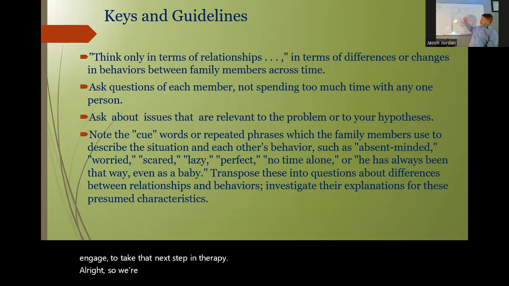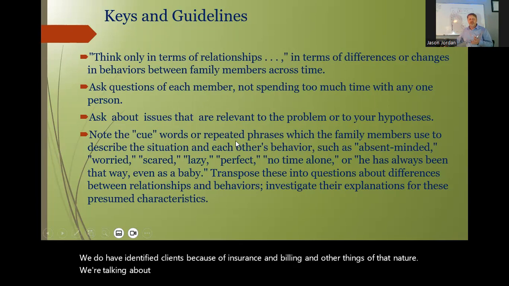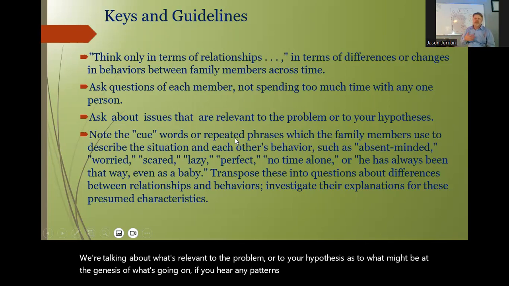So we're not making allegiances. The whole family is the client, although we do have identified clients because of insurance and billing and other things of that nature. We're talking about what's relevant to the problem or to your hypothesis as to what might be at the genesis of what's going on. If you hear any patterns, again, in systemics, we watch for patterns.